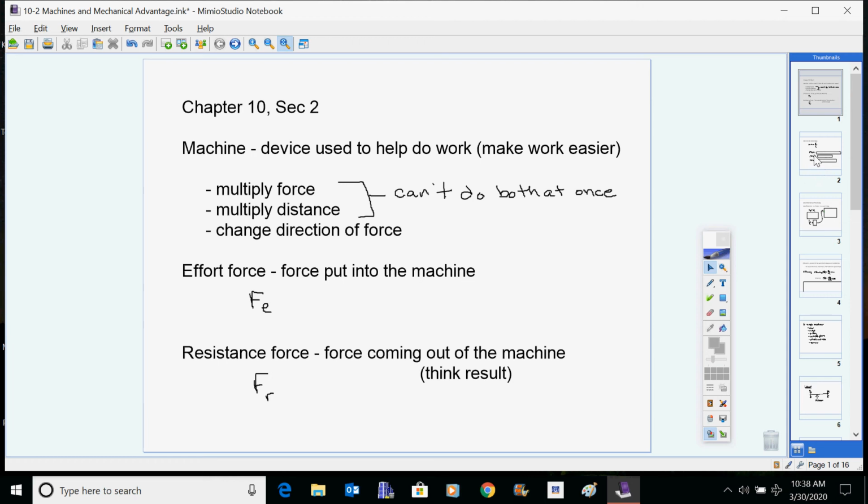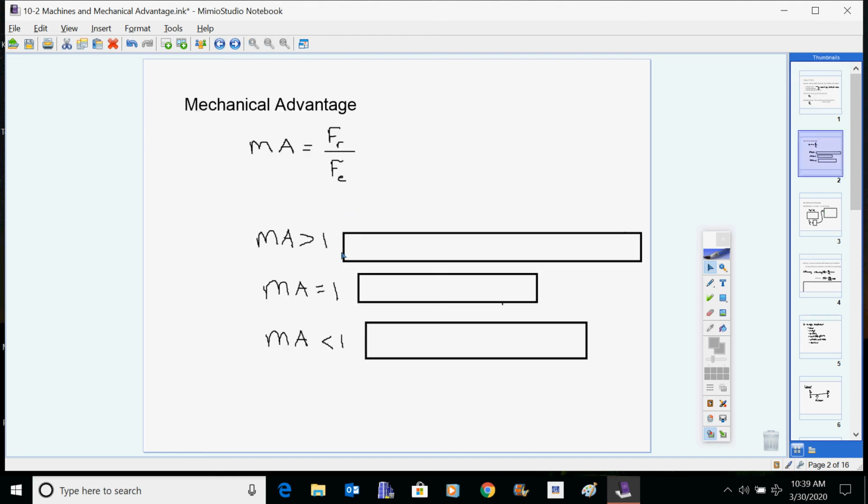If you compare the amount of resistance to the amount of effort force, what we end up with is what's called the mechanical advantage. The mechanical advantage is basically a multiplier. It's how many times that effort ended up getting multiplied.